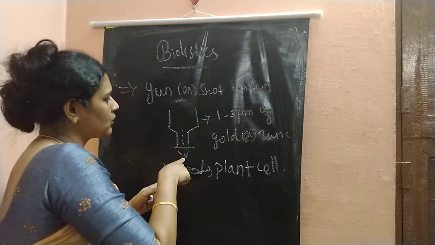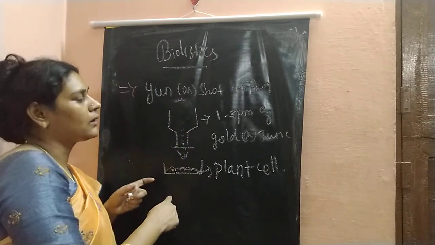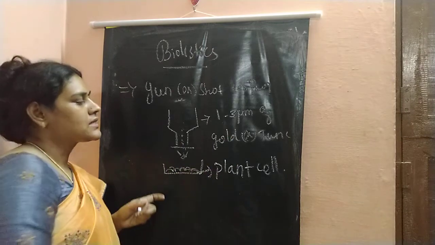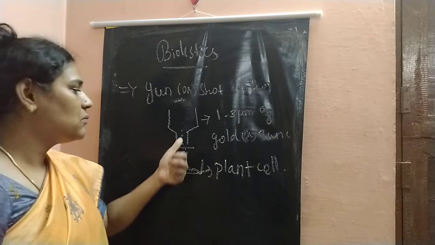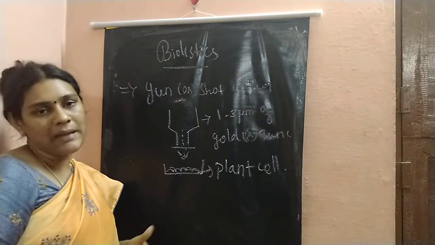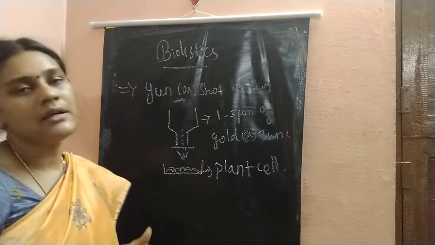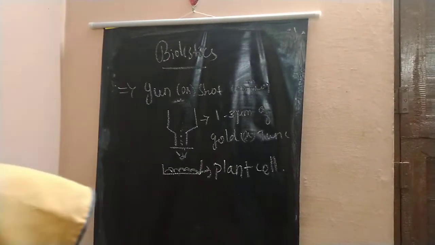It is a gun shooting method, shooting at very high speed. The 1 to 3 micrometer gold or tungsten particles coated with our DNA insert are shot at the target tissue or plant cell, so that the DNA enters the cells. This is one kind of gene transfer.